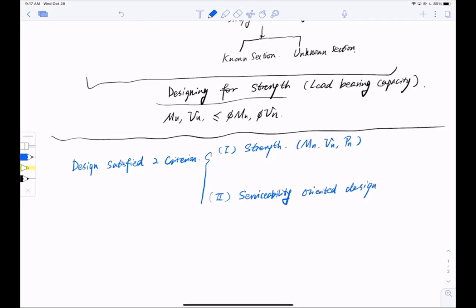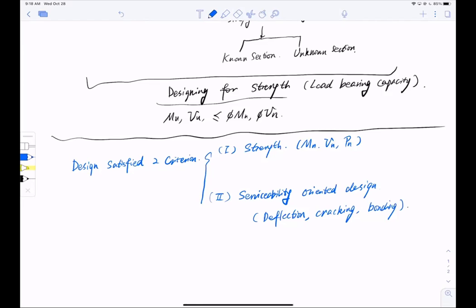And this means we have to consider deflection, which is deformation of the beam, cracking, how many cracks are allowed in a beam, whether we allow cracking or the cracking forces, and bonding. Bonding means how much length you have to provide for the bar to sit inside the concrete to create proper transfer of stress.